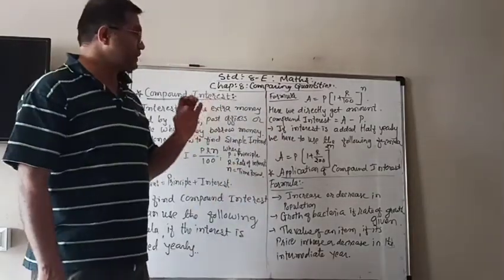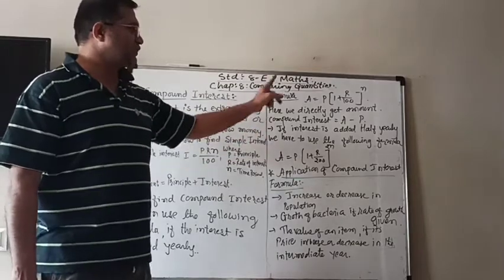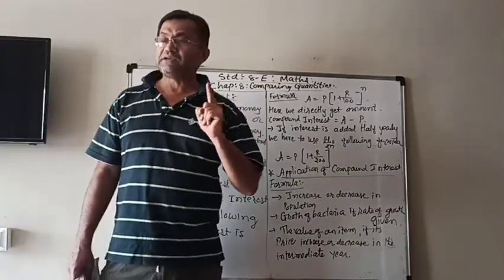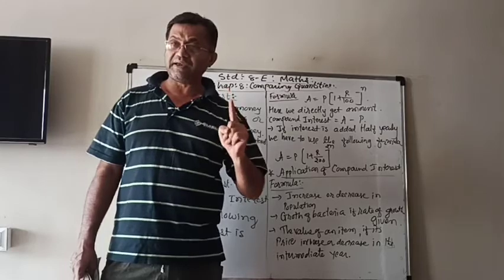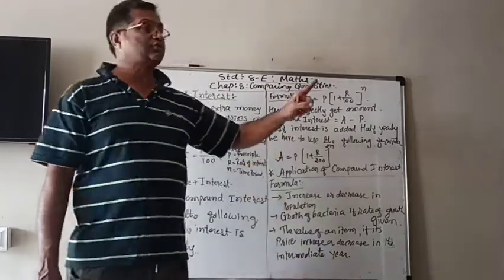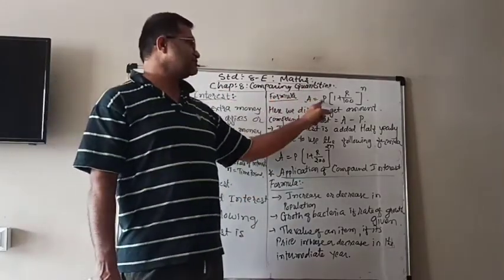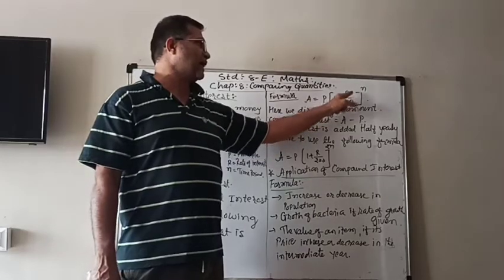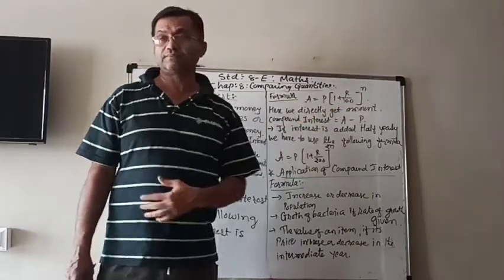So, we have to keep in mind which formula will be used. If the interest is added yearly, we have to use this formula: A is equal to P into bracket 1 plus R upon 100 power n.